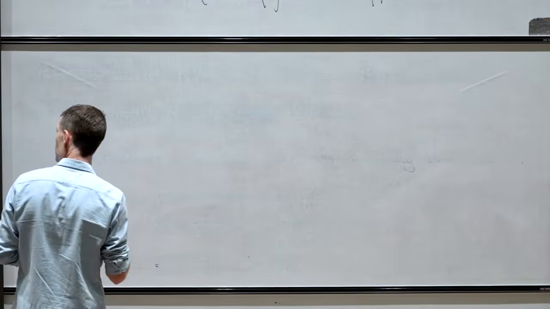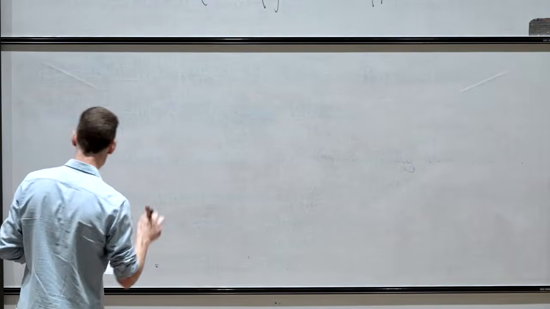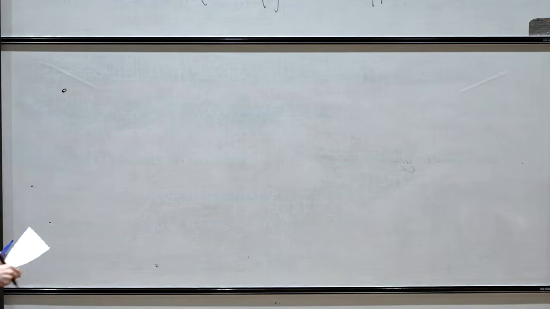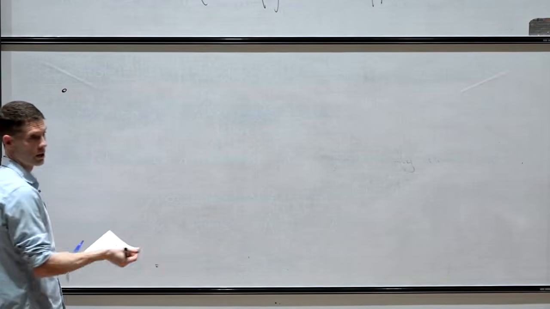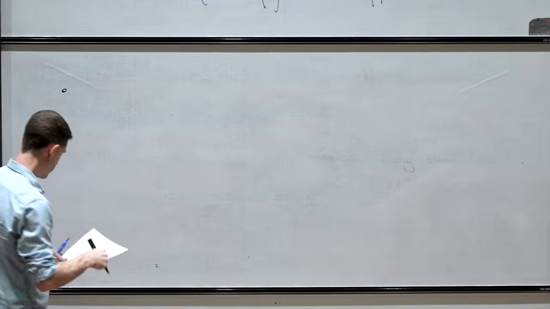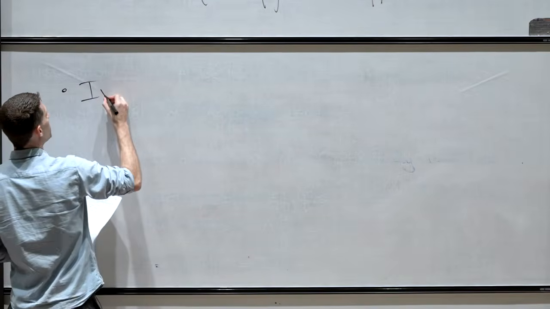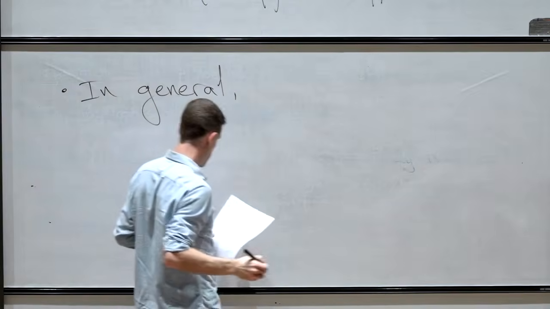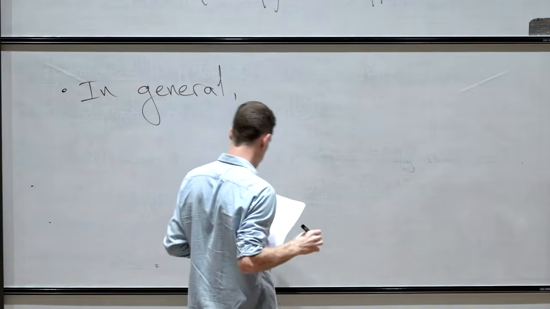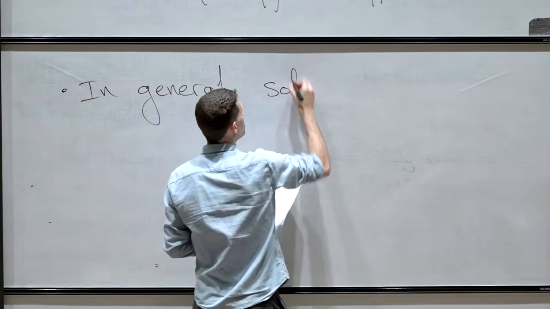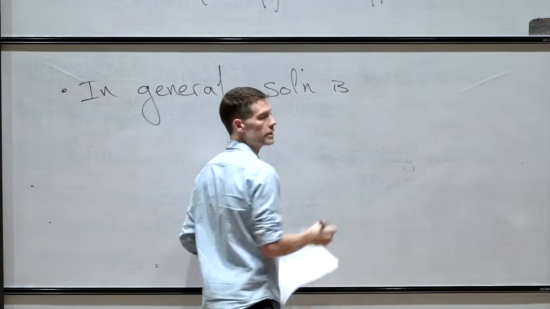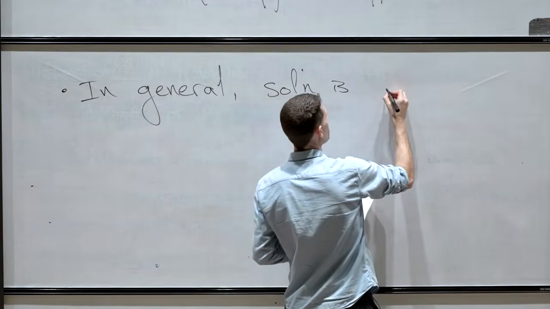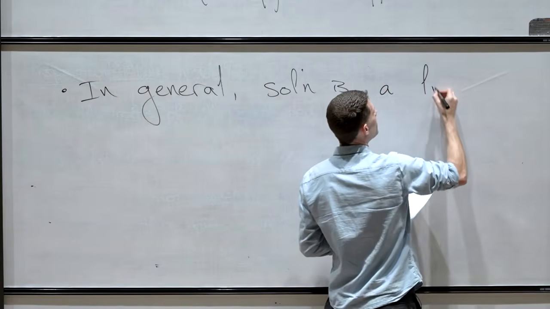Imagine I have 4 lambdas. Each of those lambda squareds has an eigenvector. In general, since it's a linear system, the solution is formed by adding up each of the component solutions, the linear superposition.